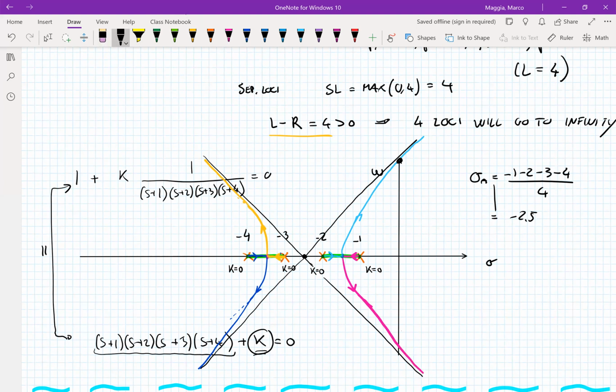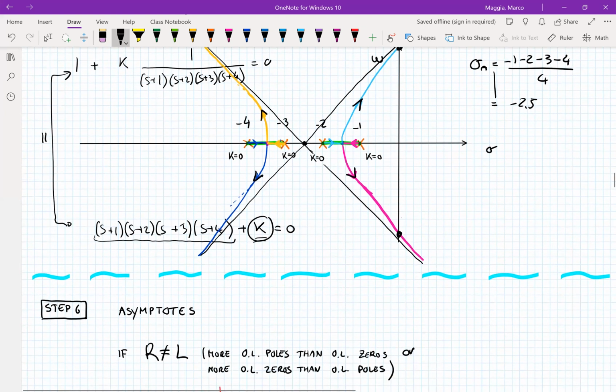And this way. Going like so. So it gives you a direction to follow for the branches. So you know you're going to follow the asymptotes.